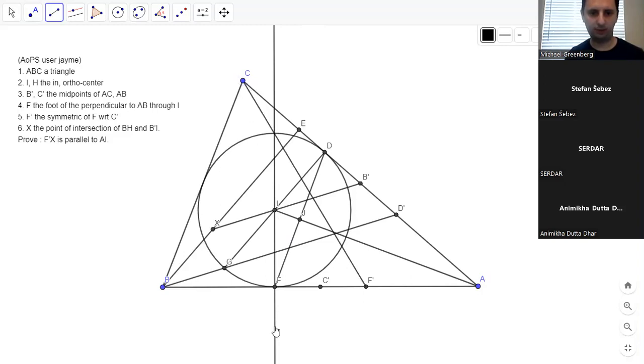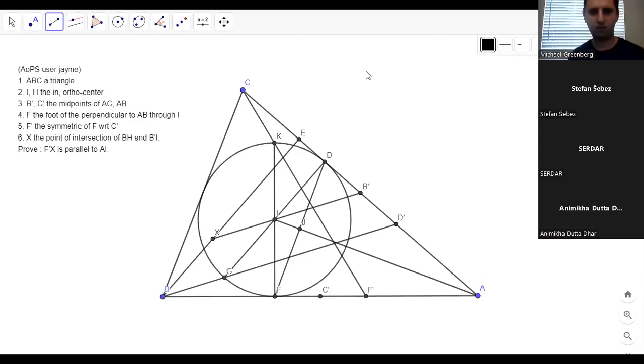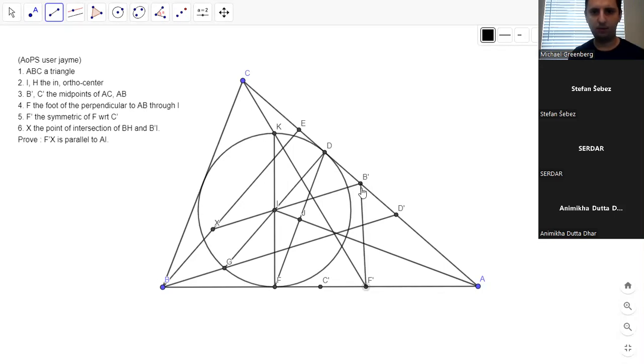Actually, you know what? Let me just do it like this. Can you draw F prime, B prime? Or do you mean F prime, D prime? No, B prime. That's correct. Okay.